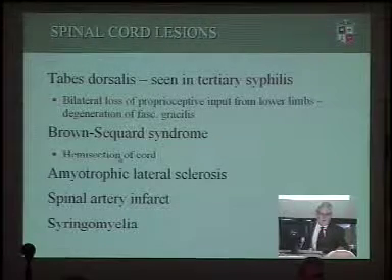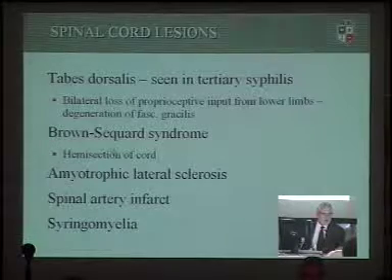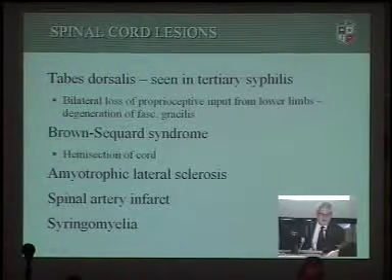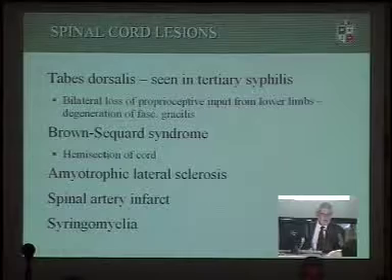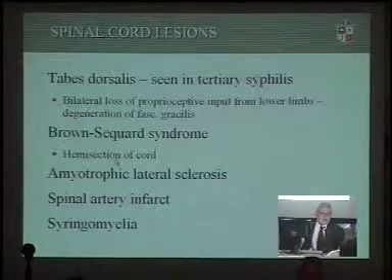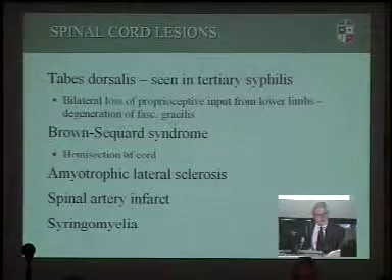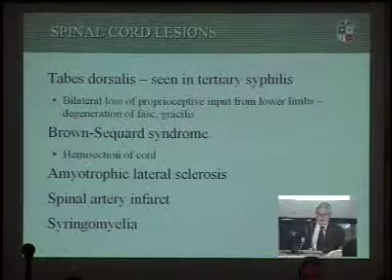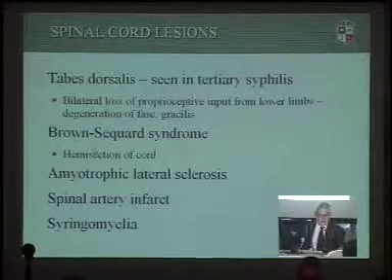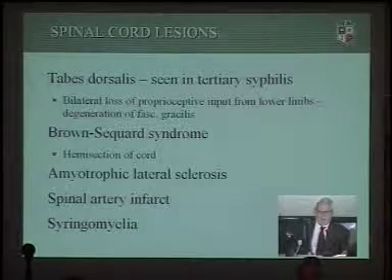Brown-Séquard syndrome is basically usually a traumatic hemisection of the cord. And this is where you have ipsilateral paralysis below the level of the lesion, ipsilateral loss of proprioception, and contralateral loss of pain and temperature. Okay? And this one appears with regularity on the USMLE exams too.